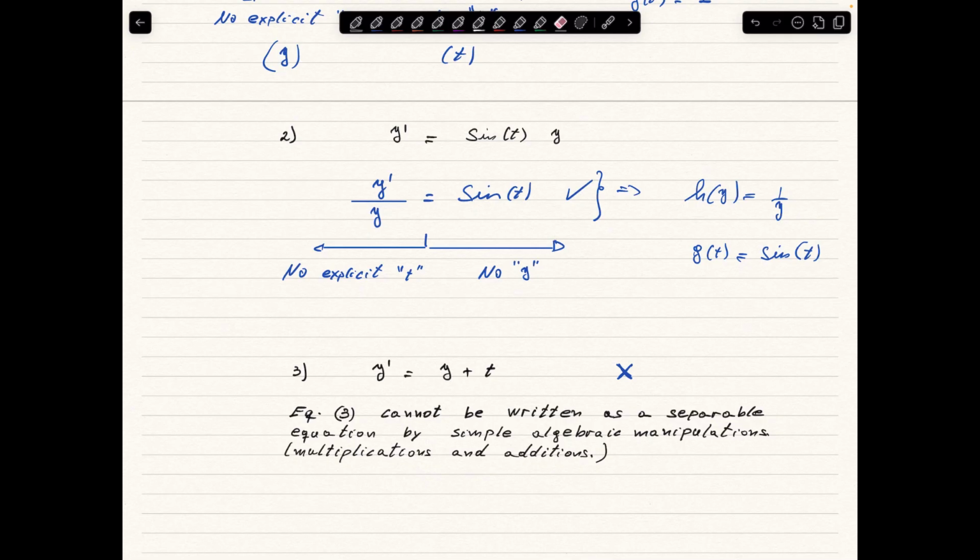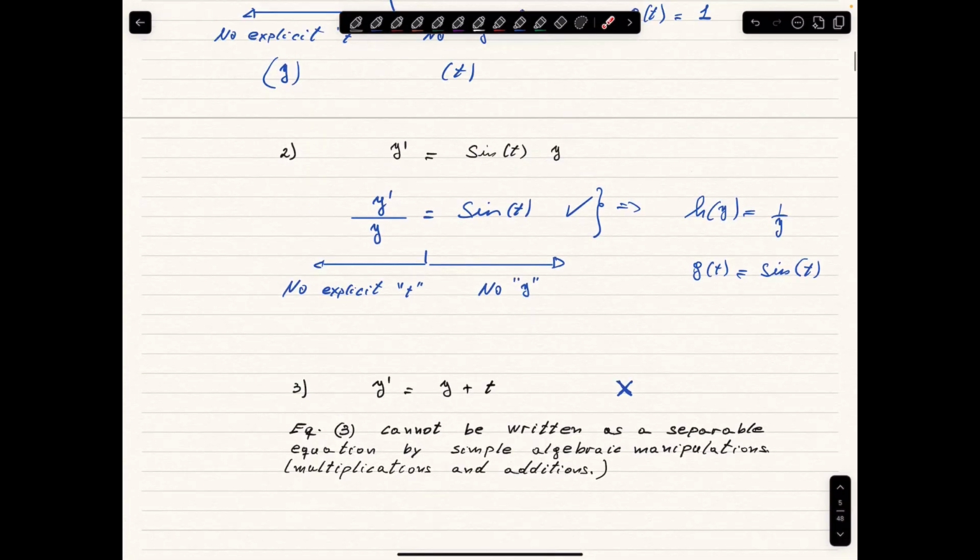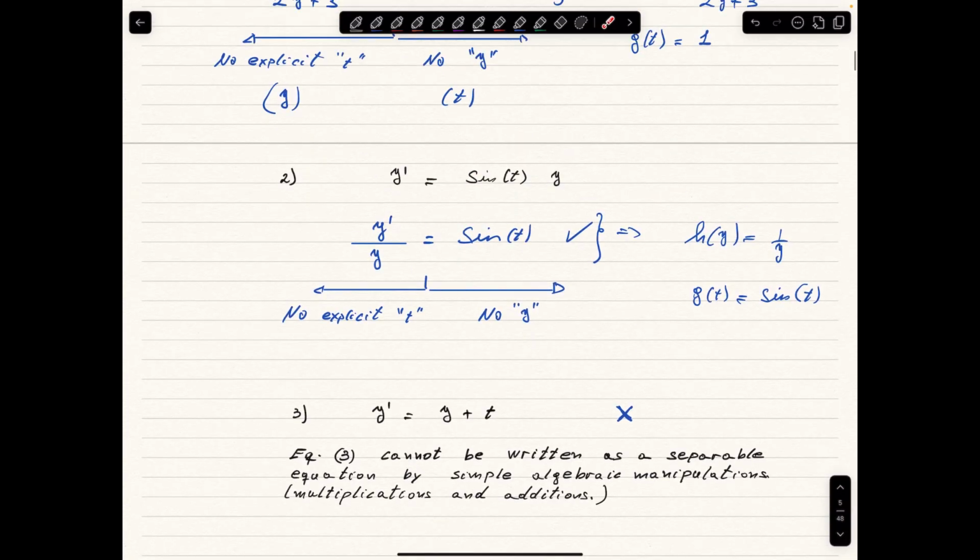So we say the equation is not separable because we don't know how to write this equation with all the y's on one side and all the t's on the other side, as in the definition, by doing simple algebraic manipulations.